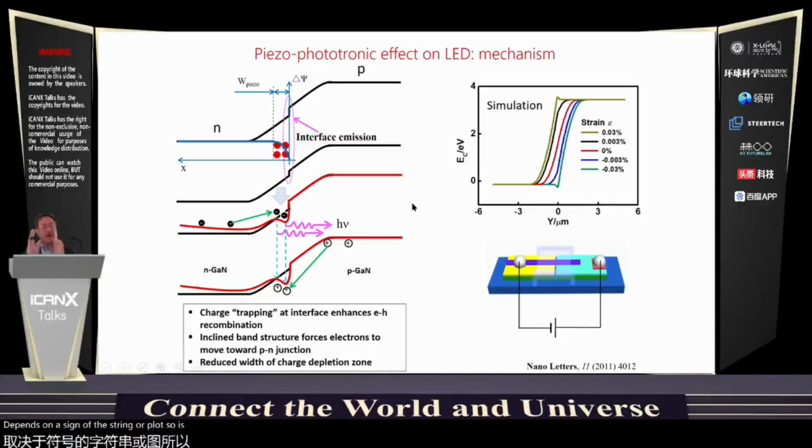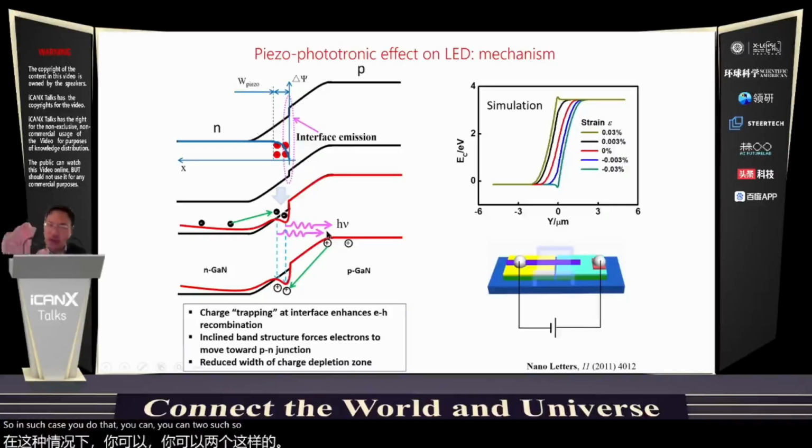So you can shift the depletion zone right or left, which is very, very important for tuning the carrier transport at the junction. So in such a case, you can tune such. Okay.